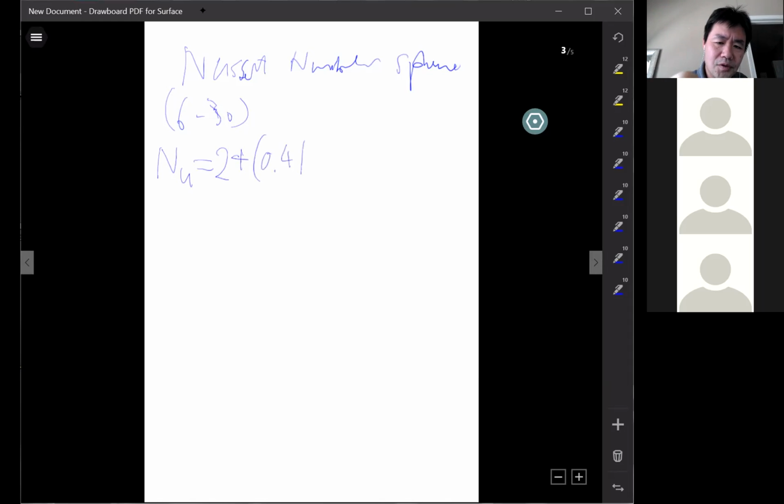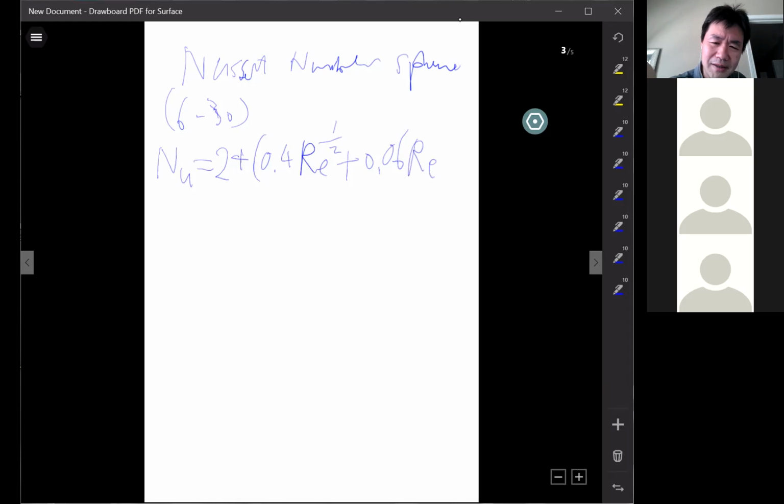0.4 Reynolds number to the half. Again, this equation is evaluated with the properties from the fluid temperature. You don't need the film temperature to apply this equation, which is a little bit easier.